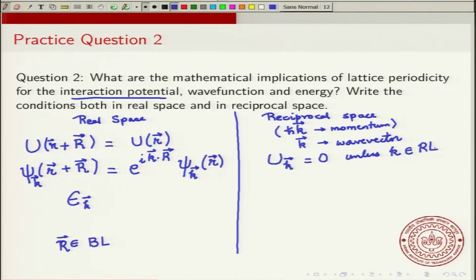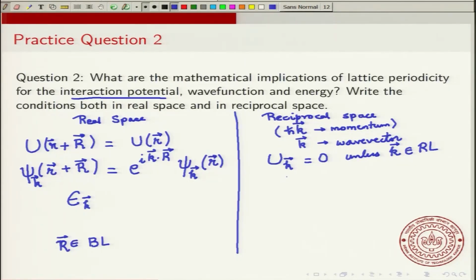So that means this is only non-zero if k is a vector of the reciprocal lattice. What is meant by u of k being a Fourier transform of u of r? I will not get into the details of that, but you can take any function of r and convert it to a function of k, and this function will be 0 unless k belongs to the reciprocal lattice. I am not doing the detailed mathematical derivation of the Fourier transform, but this is what it implies.